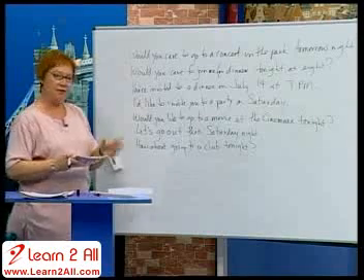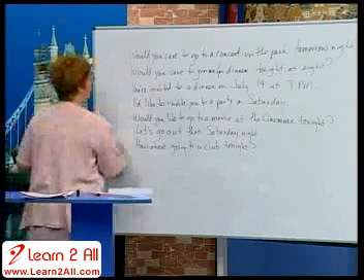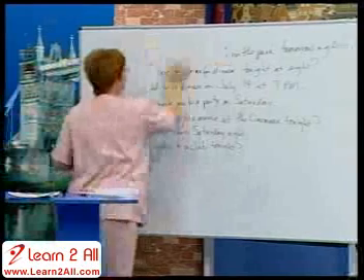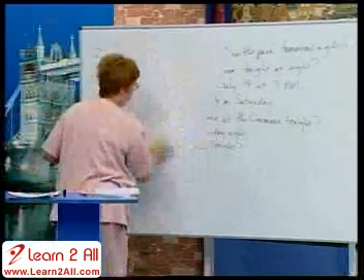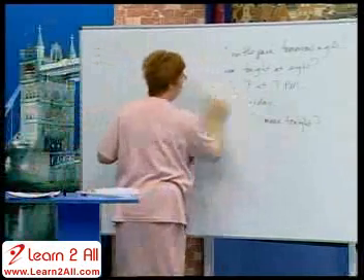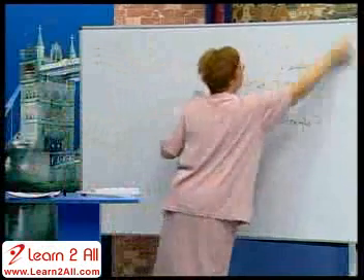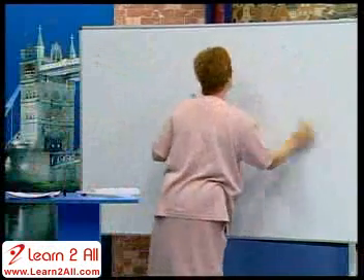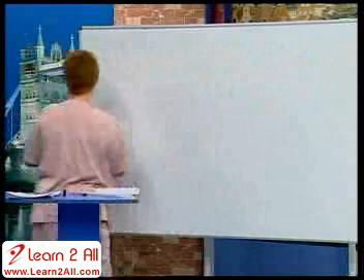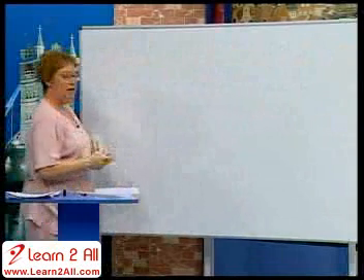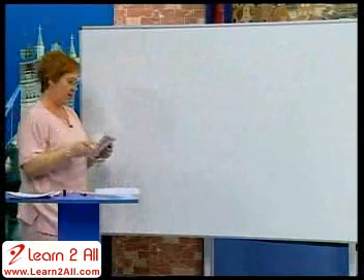Now, there's another way we can do it, and let me make some more room here, and we can change it around a little bit, and then I'll show you how it looks. Okay, sometimes we say what, where, and when first.